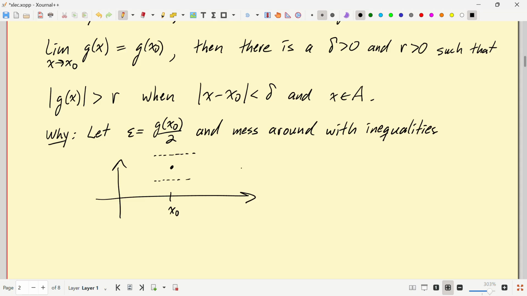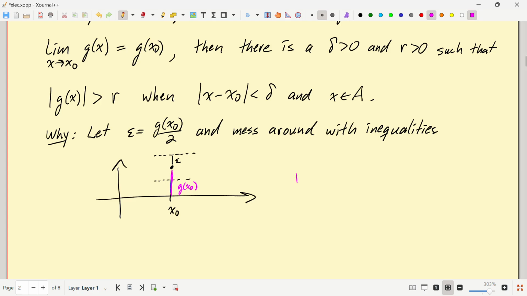So you can, this is the epsilon distance. This is the g of x naught distance, and I'll make it purple. And of course, if it were negative, I'd do the same picture, but upside down.